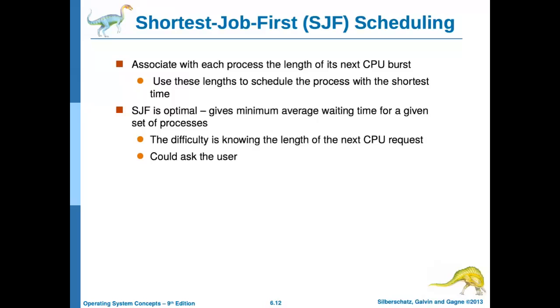Now this part is important. We need to understand this now. Next CPU burst. Why are we saying next CPU burst? Because as I already mentioned in yesterday's session, the overall structure of a process is CPU burst, IO burst, CPU burst, IO burst, CPU burst, IO burst, something like this. So it is a mixture.